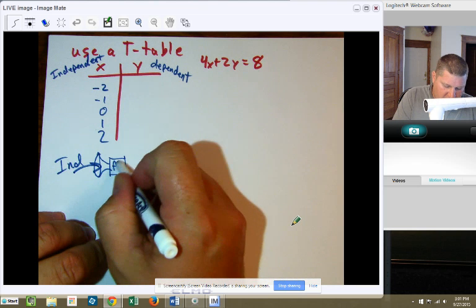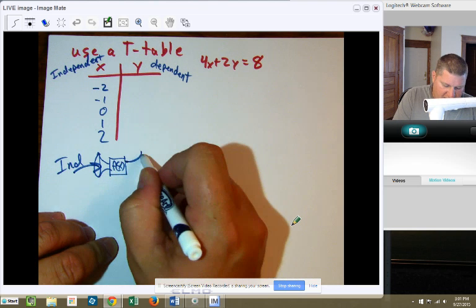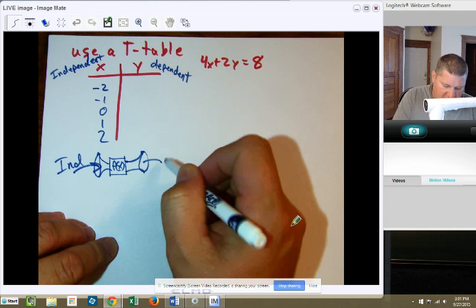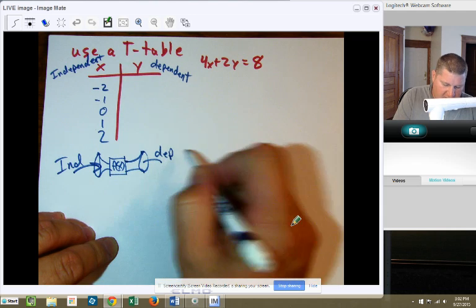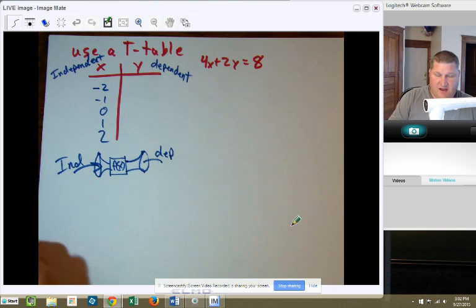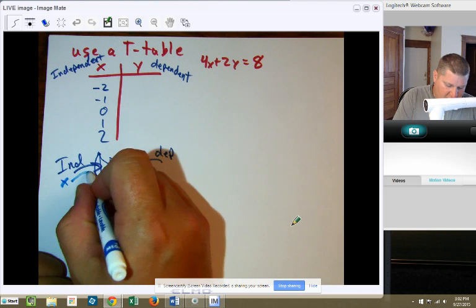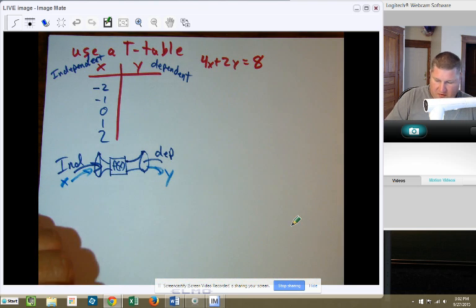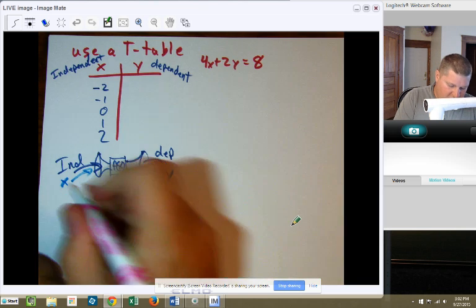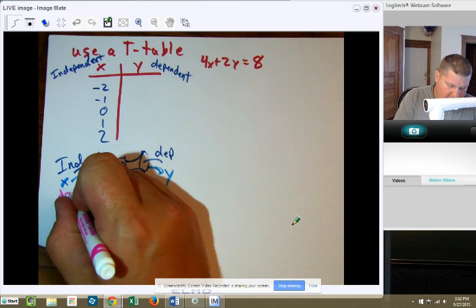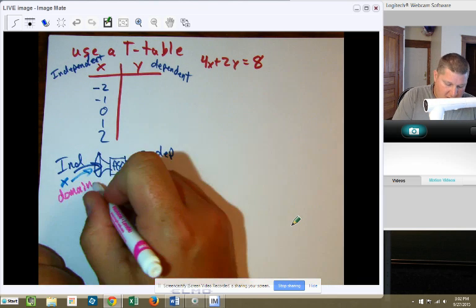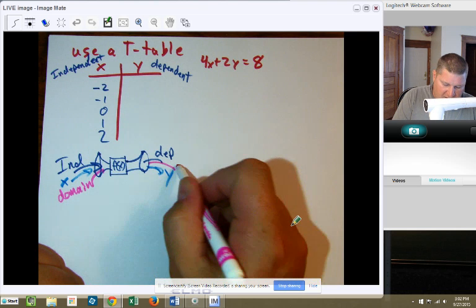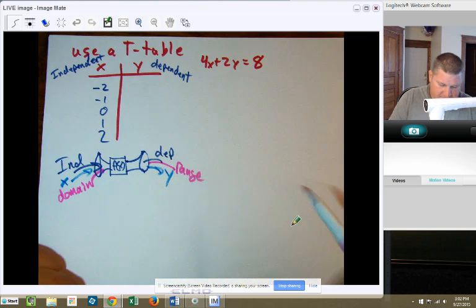We run it through the function, and when it comes out on the other side, it spits out a dependent variable. So in essence, we take x's and put them in, and out it comes as a y. The other way to think about this is we plug in a domain and it spits out a range.